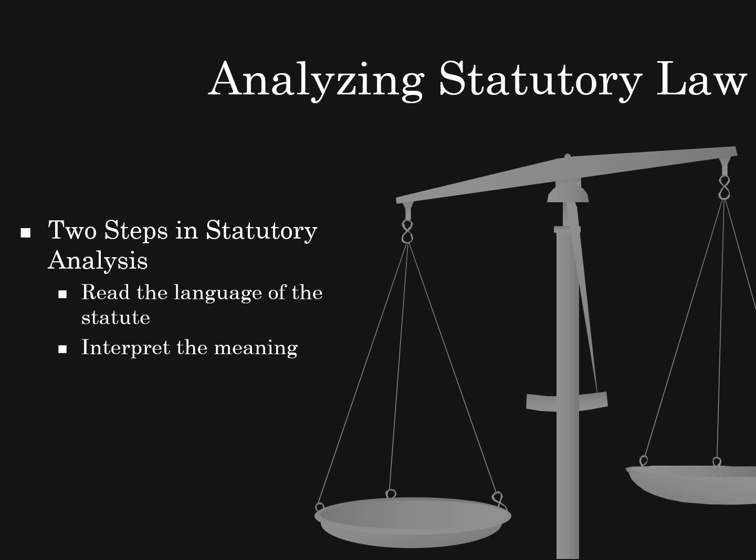You always want to look to see what's the effective date for the statute, when did it go into effect, who are the class of parties that are affected or who it applies to, what's the type of conduct that's being regulated by the statute, and the circumstances in which that conduct is prohibited or required or permitted, whatever the case may be.